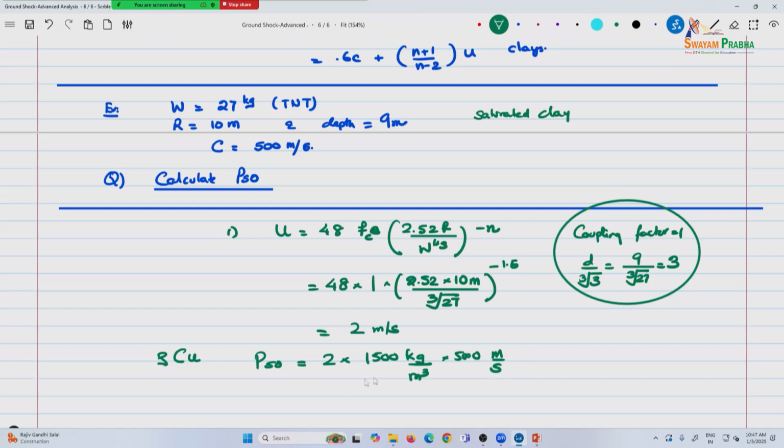So rho C U comes to 1.5 into 10 to the power 6 pascals, or PSO is 1.5. I get this number unless I have made a calculation mistake anywhere.